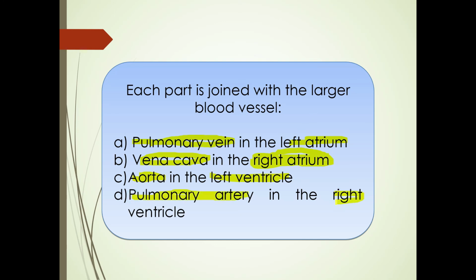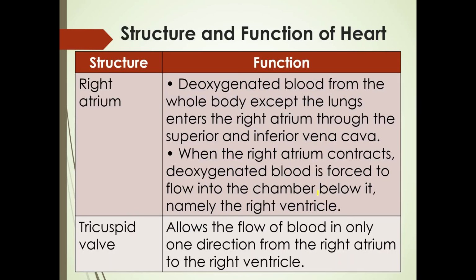So we always look at the function of each part. Each part is joined, meaning connected, with a larger blood vessel. What is the function of the right atrium? Deoxygenated blood from the whole body except the lung will enter the right atrium through the superior and inferior vena cava.